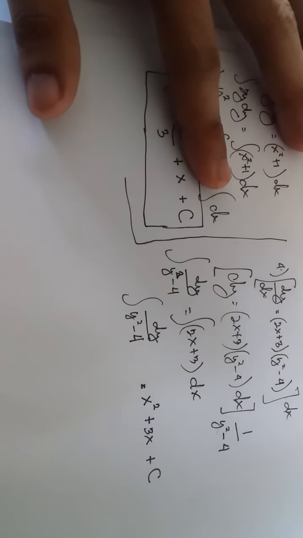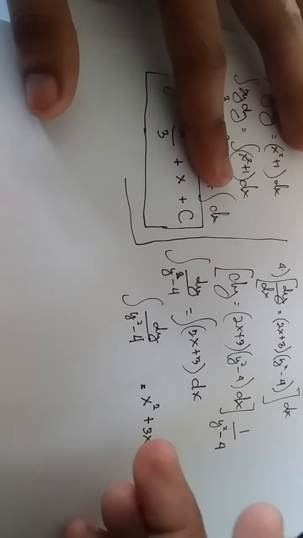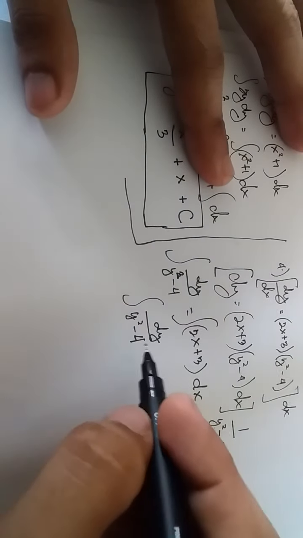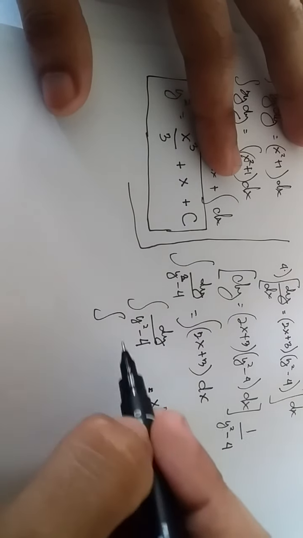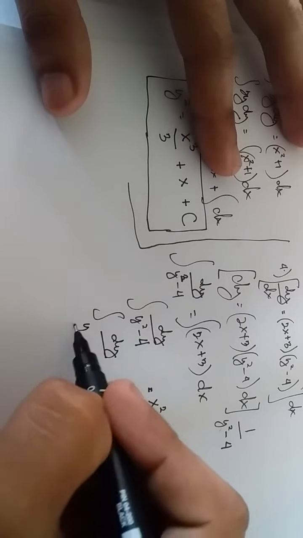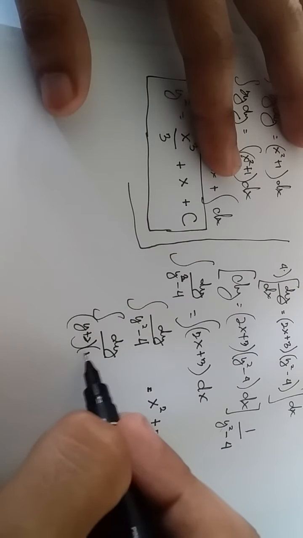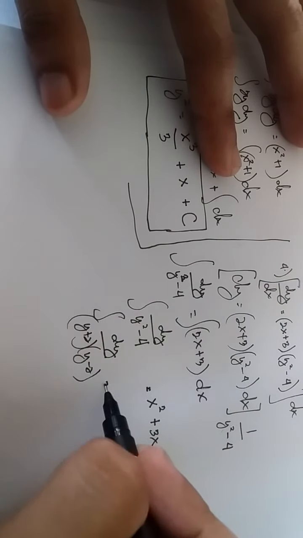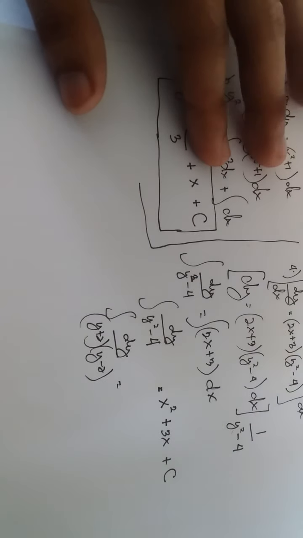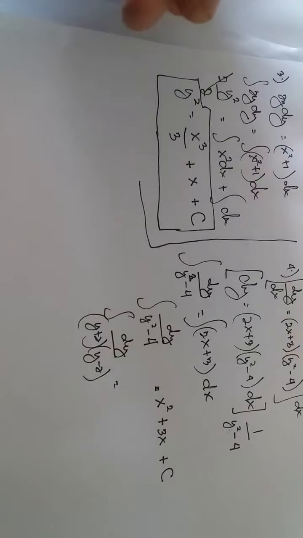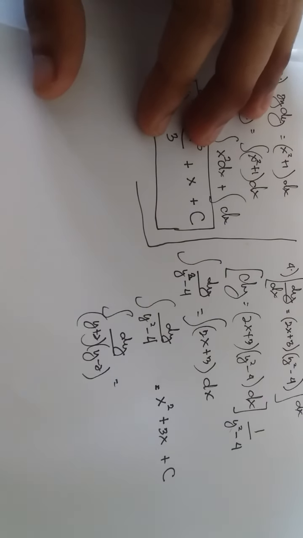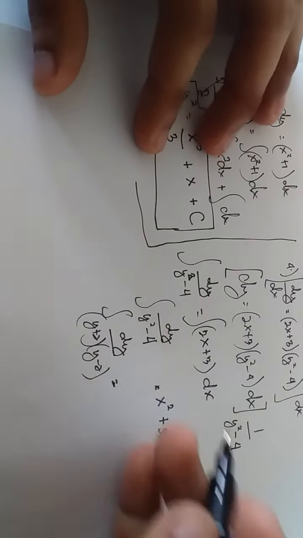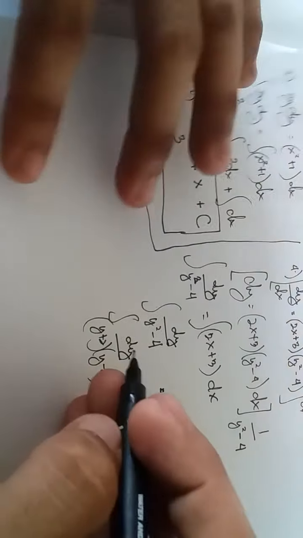For an integral in this form, the denominator can be factored, so we can write this as dy over (y plus 2)(y minus 2). The best method to find the solution here is partial fractions.